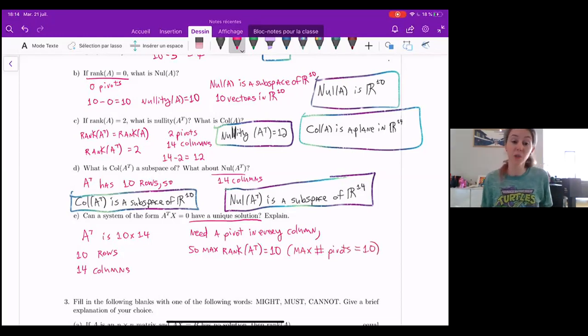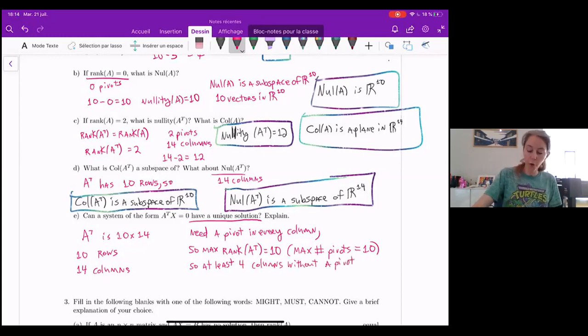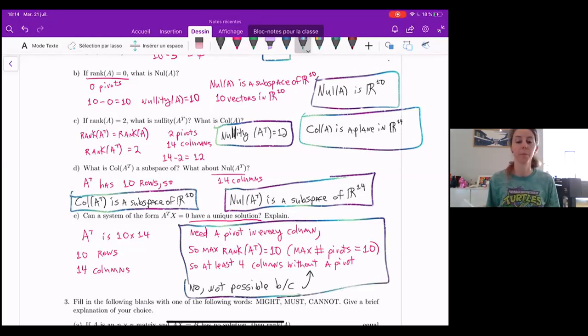And what that means is, no, this is not possible because hands down, I am going to have at least 4 columns without a pivot. So here we can say, no, not possible, because of all that stuff that we just set up there. So actually, all of this is important.